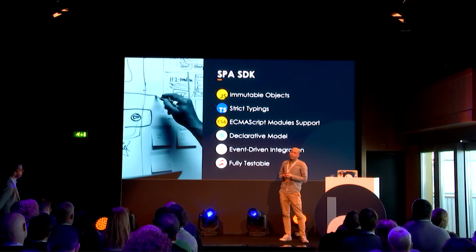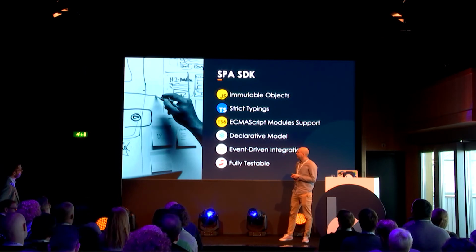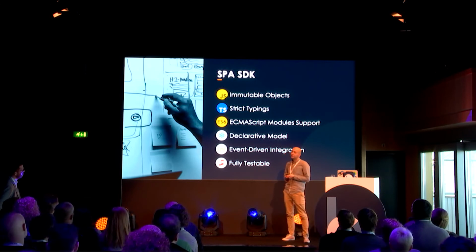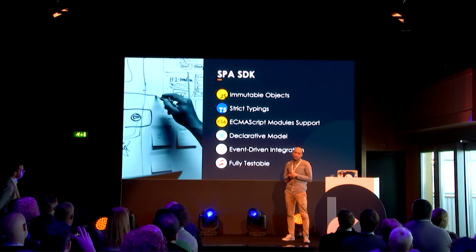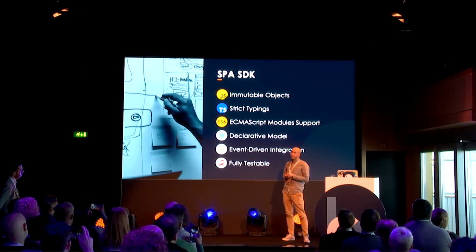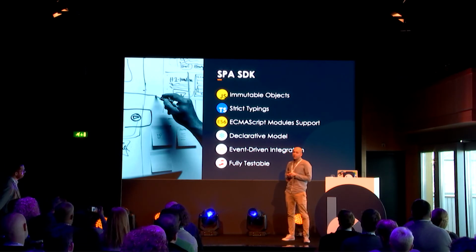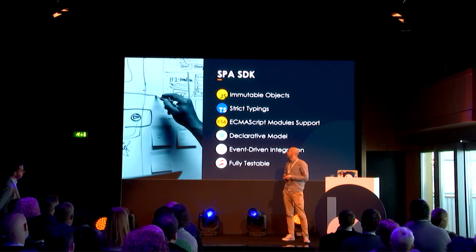And now, this SPA SDK library. It follows all the best practices of modern JavaScript development. It produces only immutable objects, so there will not be side effects on the next level. It's strictly typed. You can use the full power of TypeScript. And the npm package provides support for ECMAScript modules, so you can use this library right from the browser.